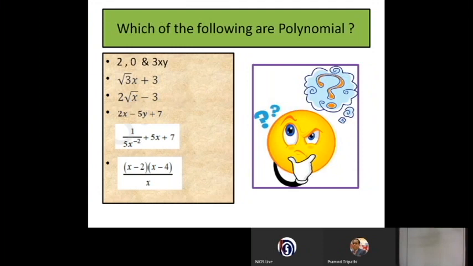Number second, root 3 into x plus 3, and the third one is 2 into root x minus 3, and 2x minus 5 by plus 7, and 1 upon 5x raised to the power minus 2 plus 5x plus 7, and in the last one, (x minus 2) into (x minus 4) upon x.